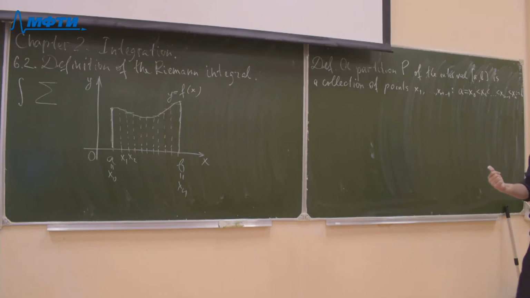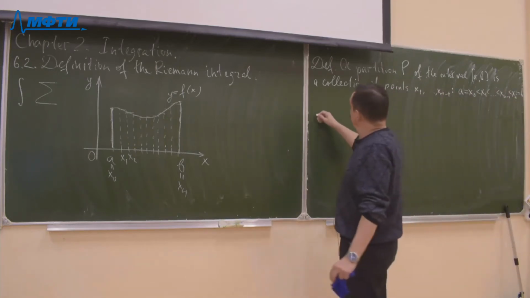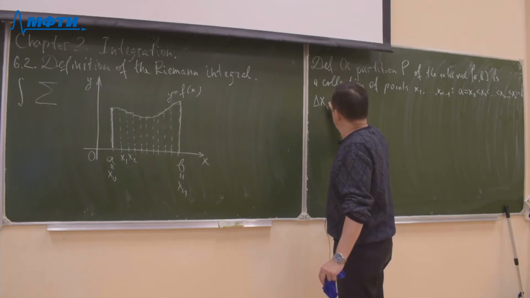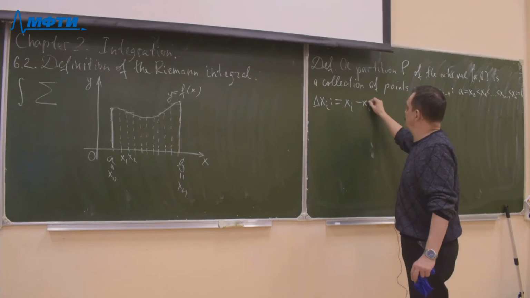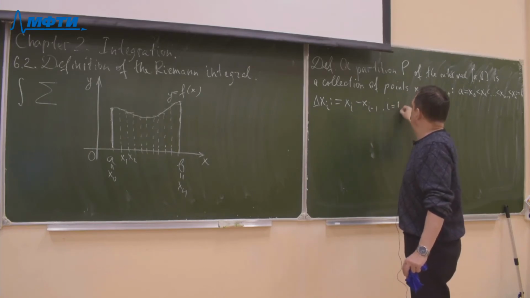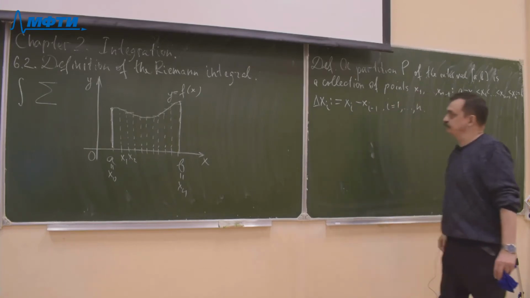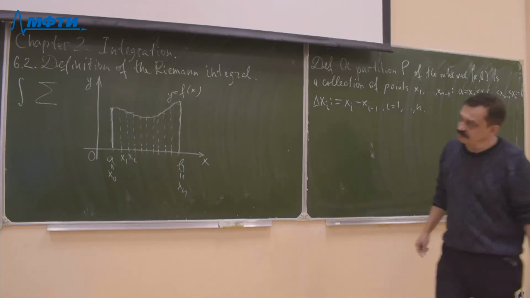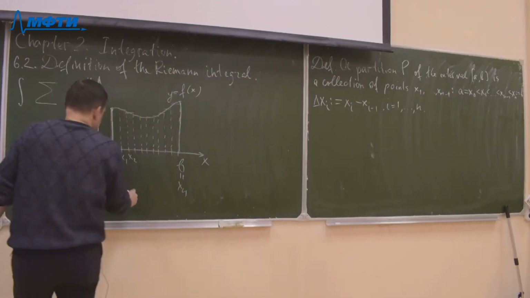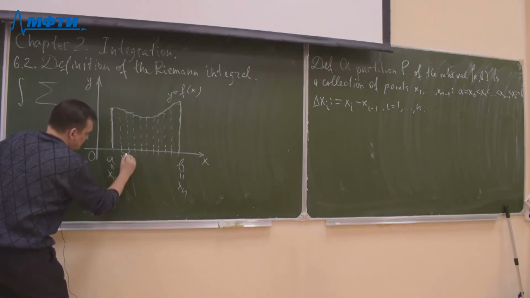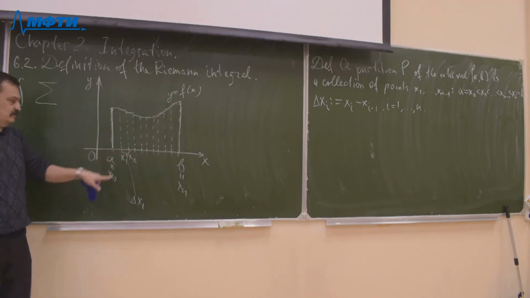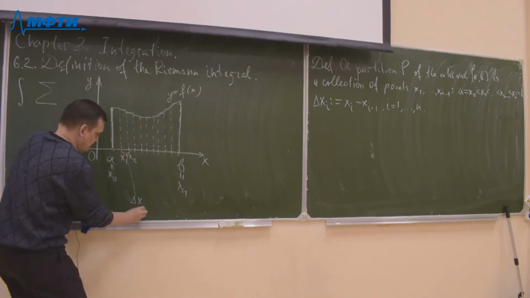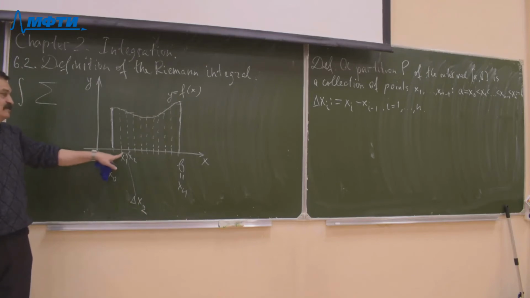We have many intervals. So next notation, delta xi is by definition xi minus xi minus 1, for i from 1 up to n. So what is delta xi? For example, delta x1 is here. Delta x1 is the length, then delta x2. Delta x2 is the length of the interval x1, x2.